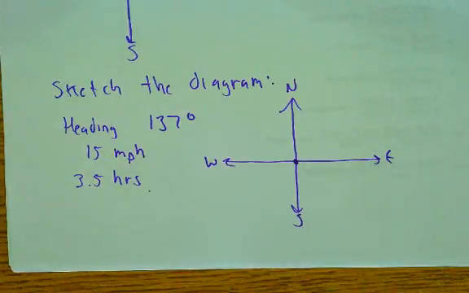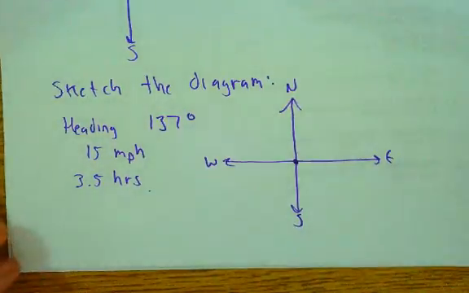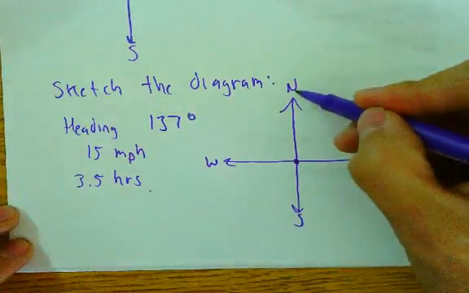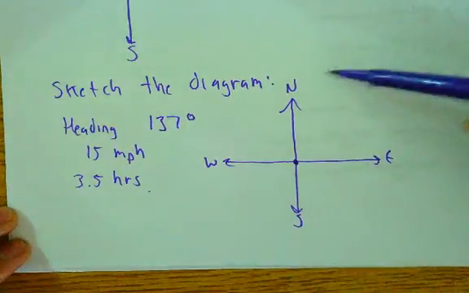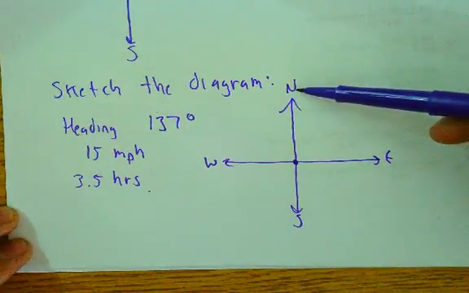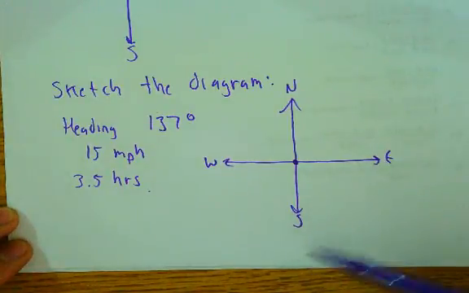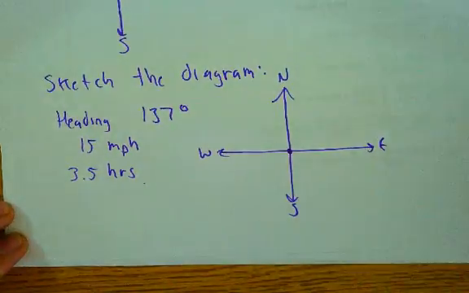So once you figure out where the north is, right, Parker's going to head 137 degrees from the north. So if this is the north, right, 137 degrees, remember how the definition of a heading says that you have to go clockwise, so that's 90, 180, too far, right? So it's got to be somewhere in here, right? Now, I don't expect you to give me this exact sketch, so I'm just going to say it's somewhere here, right?